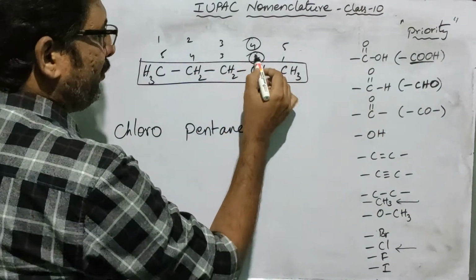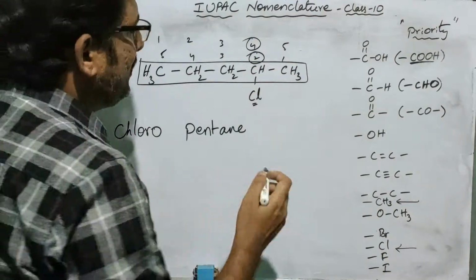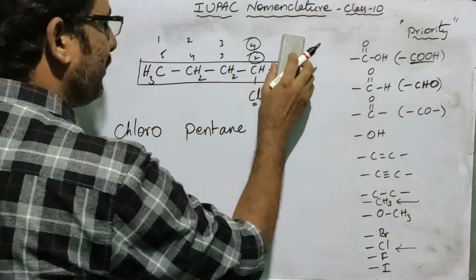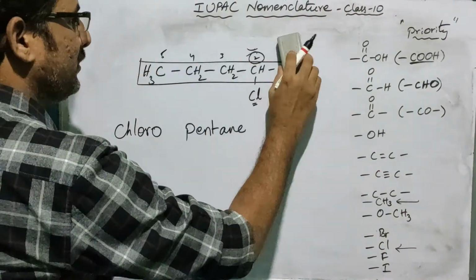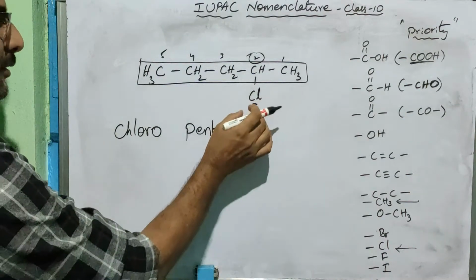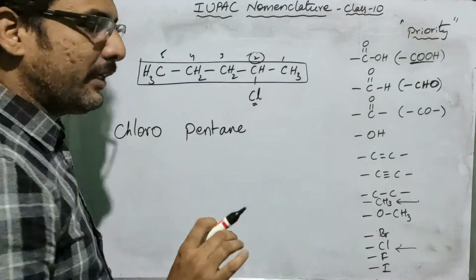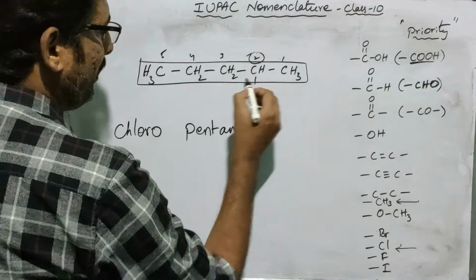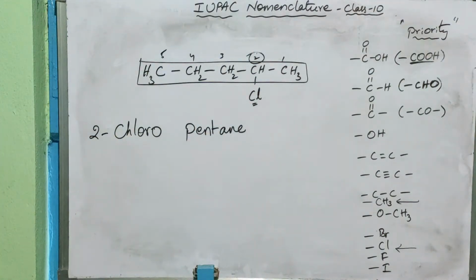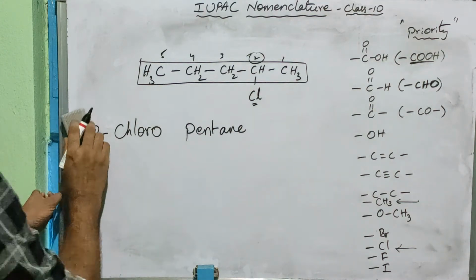Between 2 and 4, which is the least number? 2 is the least number. So you will give numbering from right to left only. You always have to see that the functional group or the substituent or the multiple bond gets the least number only. So it will be 2-chloropentane. Okay, let's see another example.